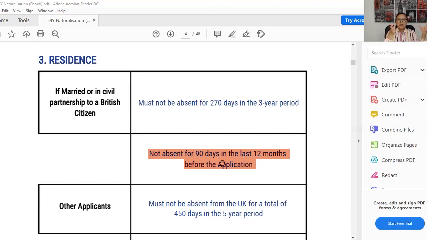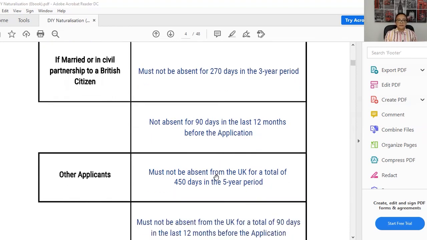One is the total amount of absence in the 3-year period, and the other is the total amount of absence in the last 12 months. So this is quite important. Two stages: the total in 3 years, and the total in the last 12 months. You have to check your passports, where you've been and how many days you've been absent.